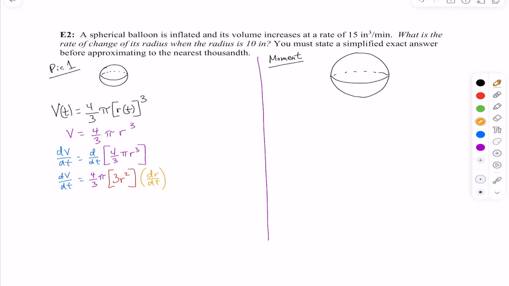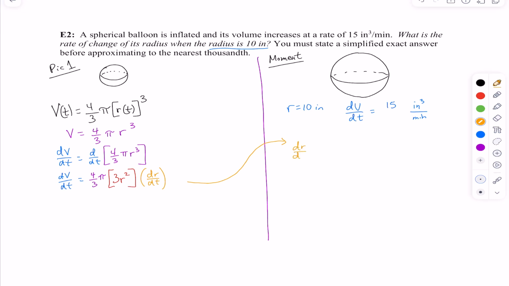What is the rate of change of its radius when the radius is 10 inches? So the moment here, r is 10 inches, and we know that dV dt, the volume is changing with respect to time, is given. Now, when I solve for dr dt, I'm going to put this over on the moment side of the page.